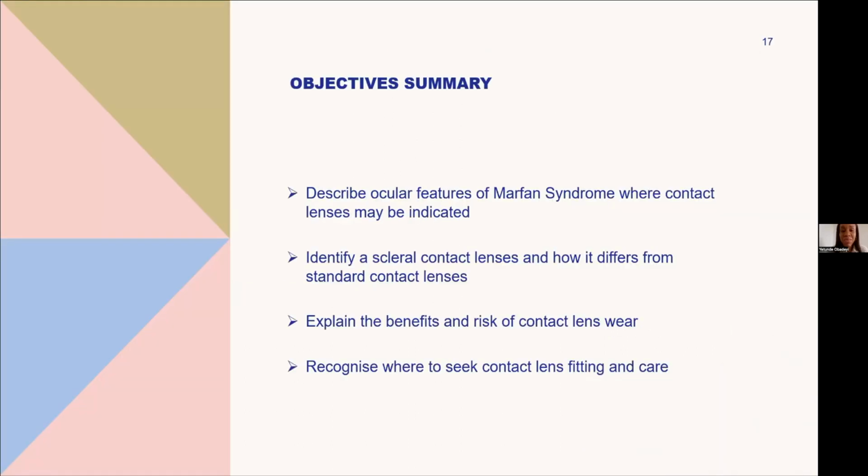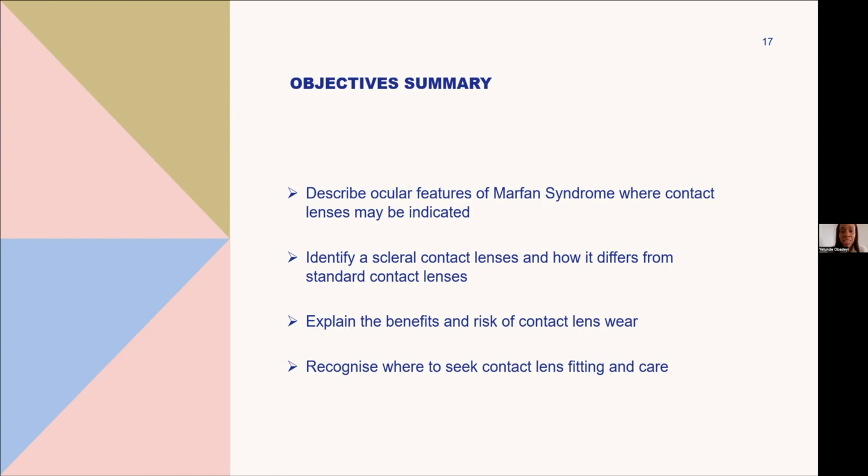So you should now be able to describe the ocular features of Marfan syndrome, where contact lenses are indicated. We talked about the most common or prevalent feature, which is ectopia lentis. We've talked about aphakia as well, where high plus lenses are required and contact lenses are beneficial. We talked about iris transillumination, where tinted lenses are also beneficial.